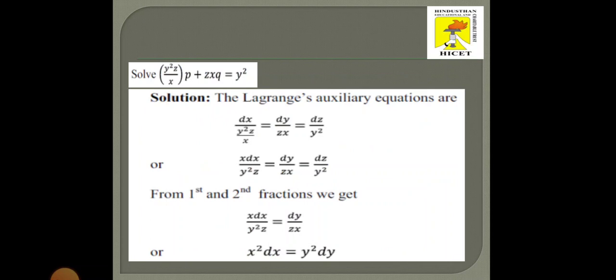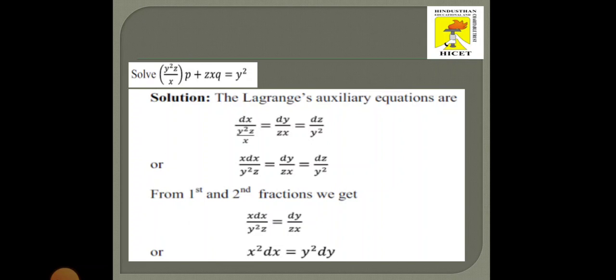Now see the problem. Solve (y square z by x) p plus zx q equal to y square. The Lagrange's linear equation, to solve this equation, first we have to form subsidiary equation or auxiliary equation. Here P is y square z by x, Q is zx and R is y square.